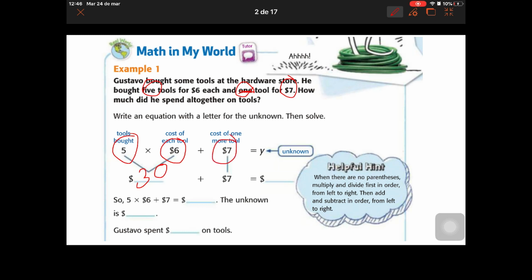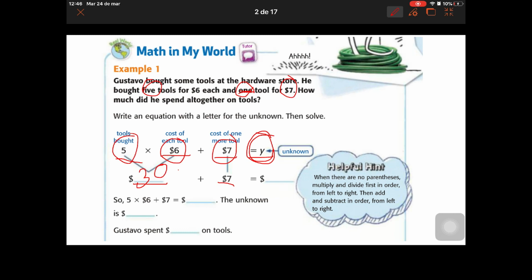Yes, so remember, this is the whole equation, and you have to find how much he spent altogether. We already have that he spent $30 on these 5 tools plus $7 for the other one.